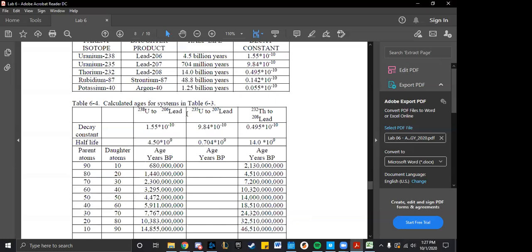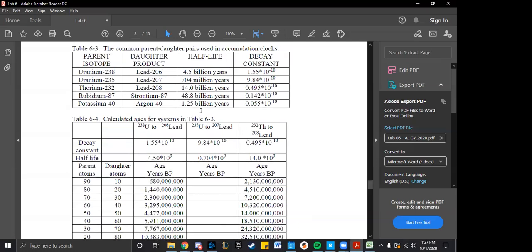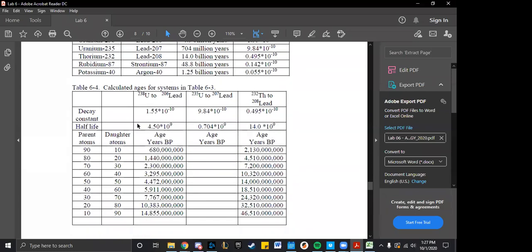It's a little confusing, but really we only need the decay constant. So decay constant and half-life. It's the same thing. We're just doing 1 over this number. So if someone wants to do that real quick, I can write it on here.